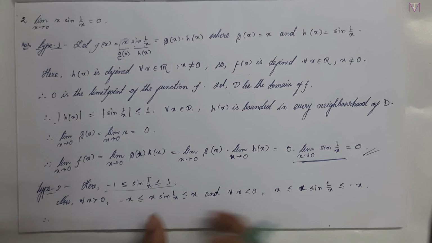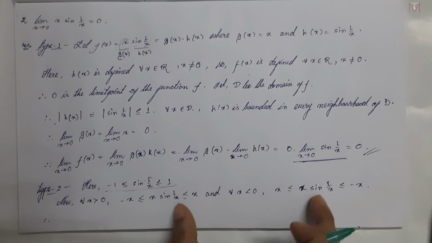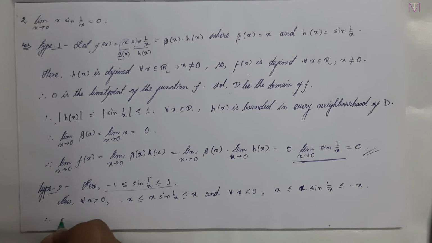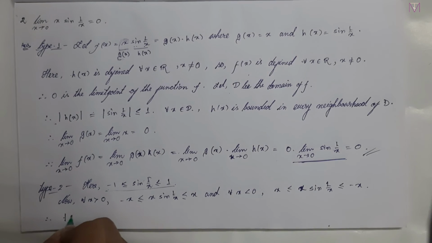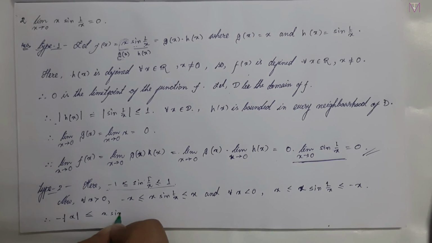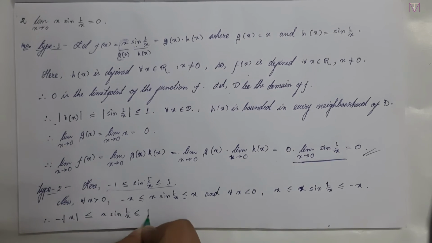So from these two, what will we say? That minus of mod x less or equal to x sin 1 by x less or equal to mod of x.